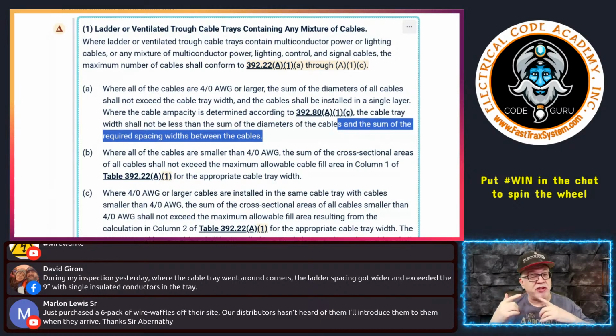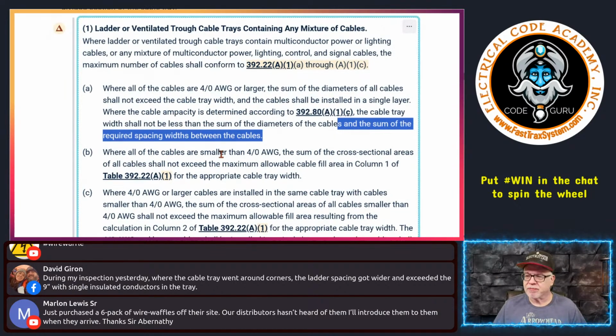However, if you're trying to achieve the free air and a little higher ampacity and you install them in a tray where you put a cable, then space it the width of a cable, then put another cable and space it the width of a cable, obviously that space has to be taken into consideration. So that means your tray is going to be bigger. That's all it's saying.